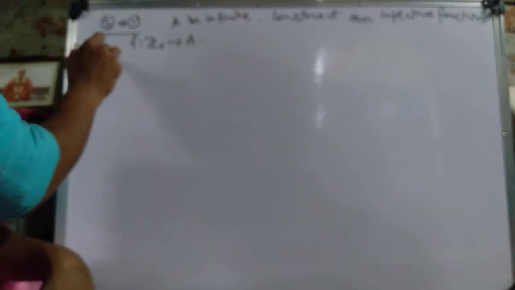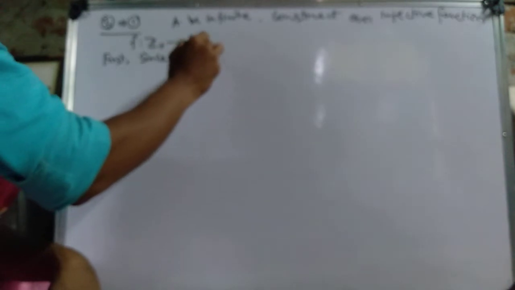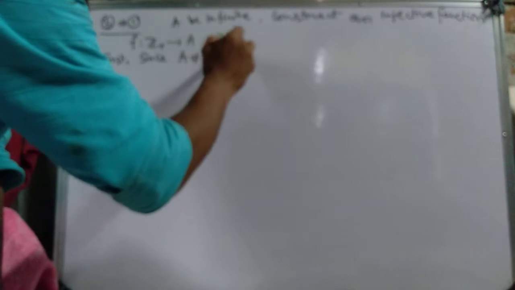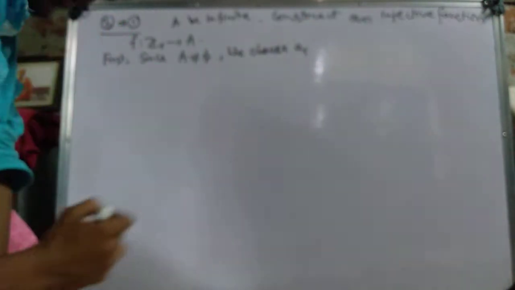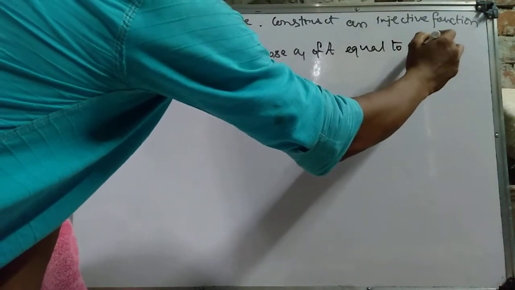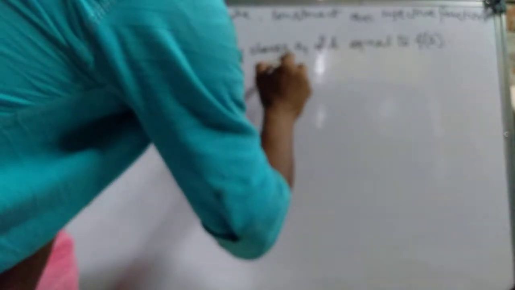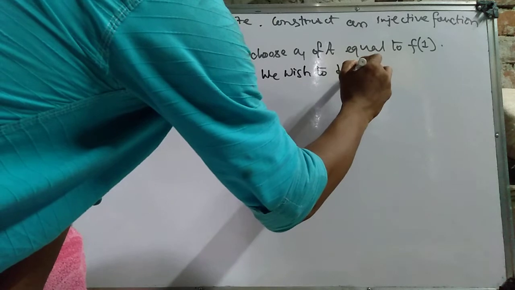How do we construct it? Since the set A is not empty, we choose a_1 of A equal to f(1), and assuming we have f(1), f(2), ..., f(n minus 1), we wish to define f(n) now.